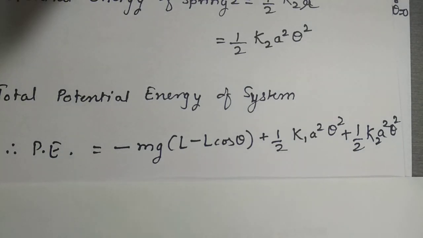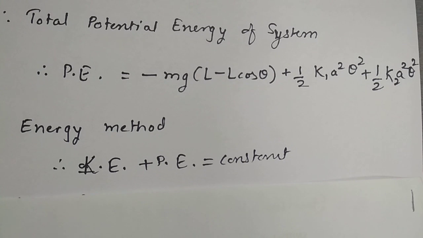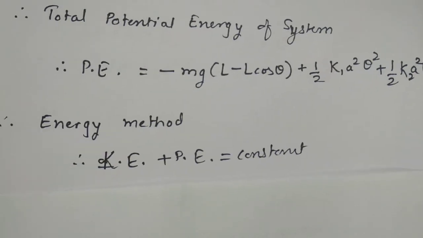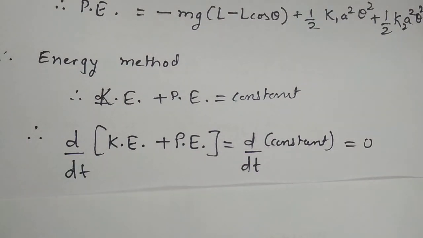So now the energy method: the kinetic energy plus potential energy, the total energy present in the system, remains constant. Take the derivative with respect to time. The derivative of kinetic energy plus potential energy is equal to the derivative of a constant, and we know that the derivative of a constant is equal to 0.